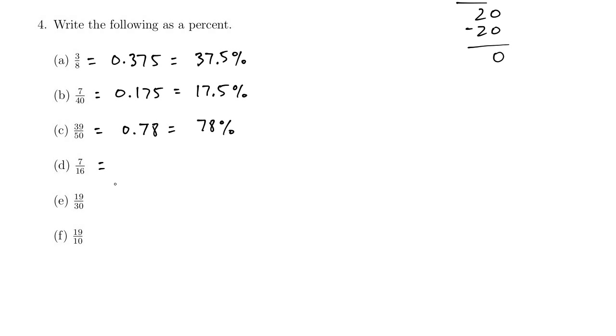Then 7 over 16. Divide the 16 into 7. We get 0.4375. Okay. Move the decimal point 2 places to the right. We get 43.75%.